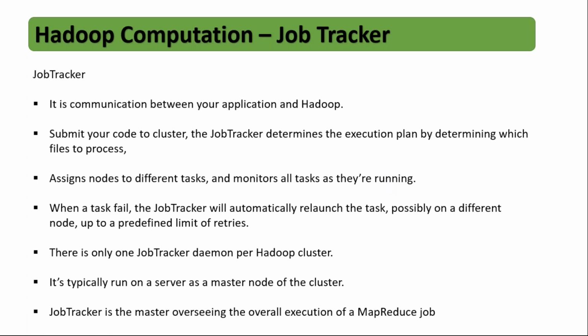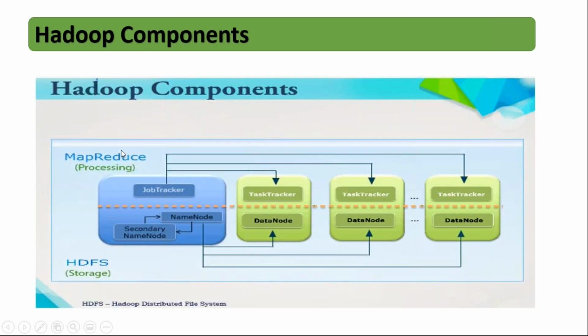In case any task tracker fails, job tracker will identify how. Here we also discussed data node will communicate with the name node. Heartbeat, right? Similarly, task tracker will communicate with the job tracker.